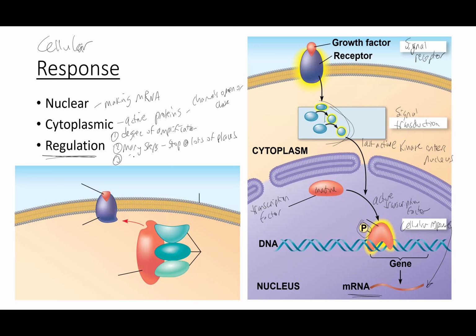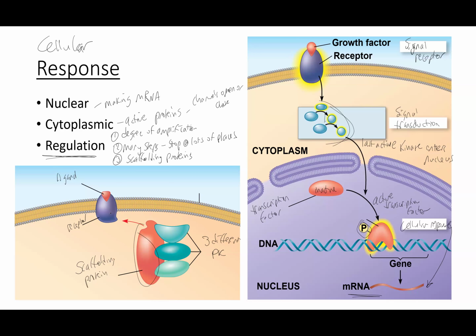You can also use scaffolding proteins, which is what we see down here. This thing is called a scaffolding protein because it can carry different protein kinases. So this scaffolding protein has 3 different kinases on it.